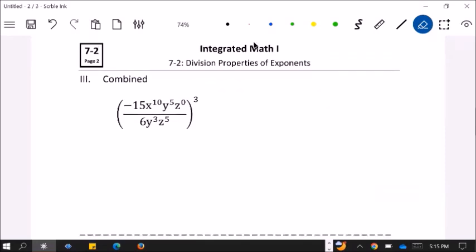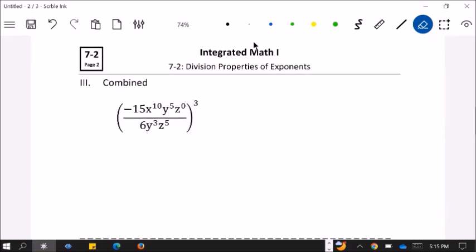Let's look at this one where it's a combined problem where there is an inside part, and you'll have to do that first before you apply this exponent of 3. The reason we do that is PEMDAS.